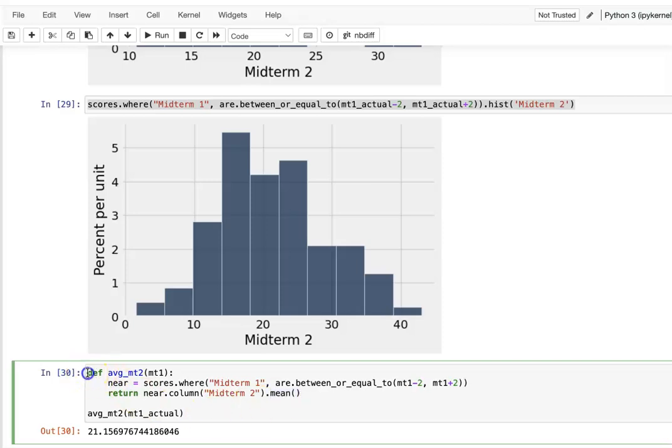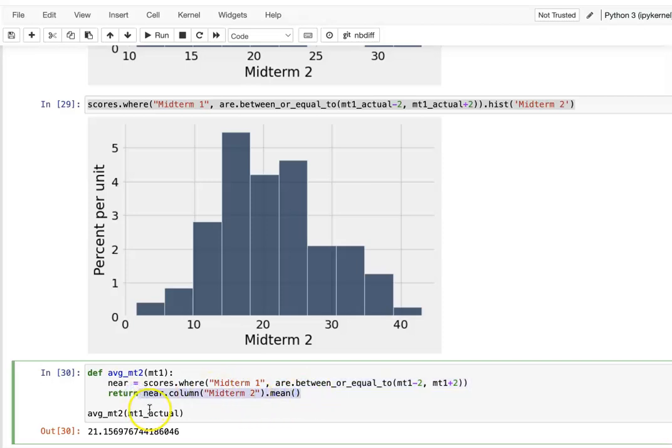That's why here we have a function we call average midterm 2. For this midterm 2 estimation grade, we just pass in midterm 1. Instead of using the exact score for midterm 1 and the students' midterm 2 grades to find the average, we give them a little range, plus or minus 2 from the midterm 1 grade, and then we find the mean.